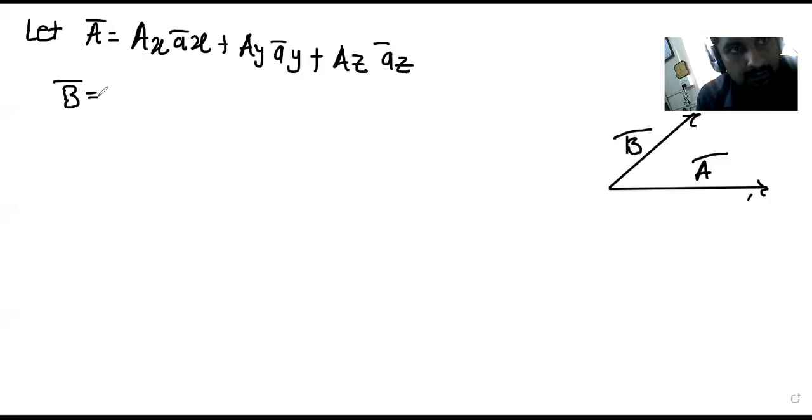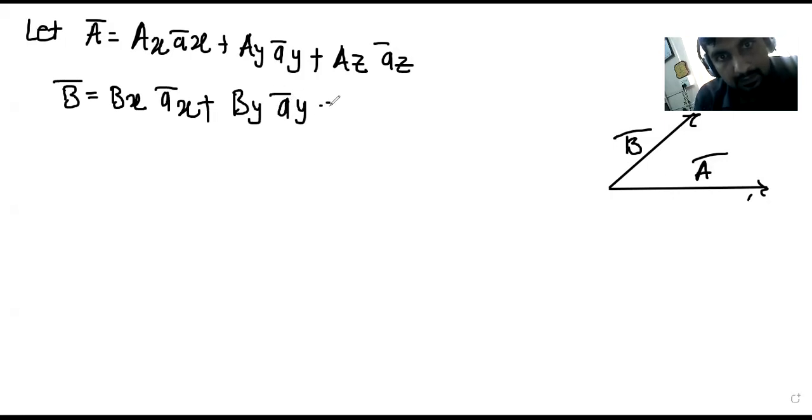B bar is equal to, in the same fashion, bx as the x component of vector b, a bar x, plus by a bar y, plus bz a bar z. Right, so these are the x component, y component, and z component of vector A. These are the x component, y component, and z component of vector B.